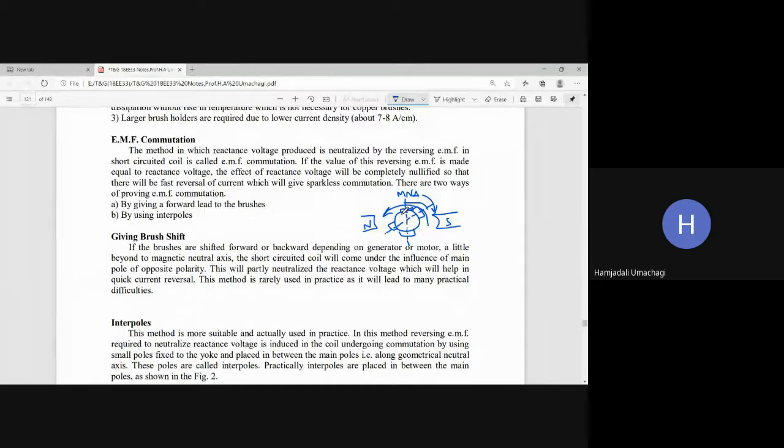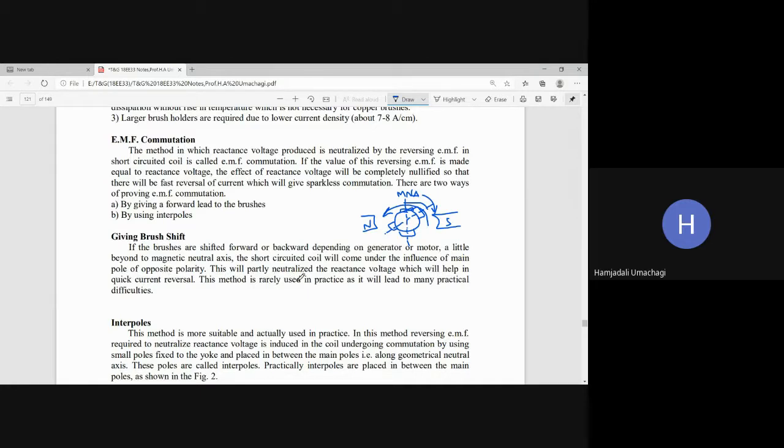But giving this kind of forward or backward shift is not that practical. If the brushes are shifted forward or backward, depending upon generator or motor, a little beyond the magnetic neutral axis, the short circuited coil will come under the influence of the main pole of opposite polarity. Opposite polarity means if earlier it was under the influence of the north pole, now it will enter the south pole. This will partly neutralize the reactance voltage, which will help in quick reversal of current.